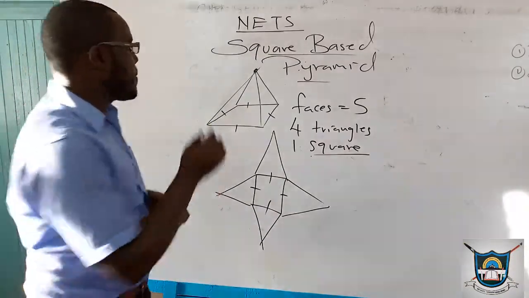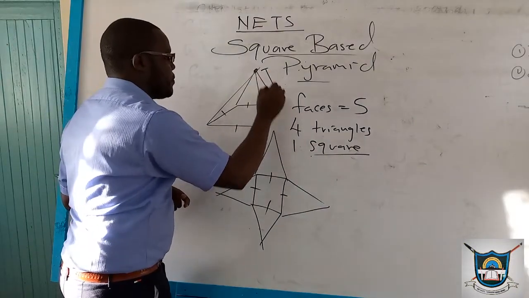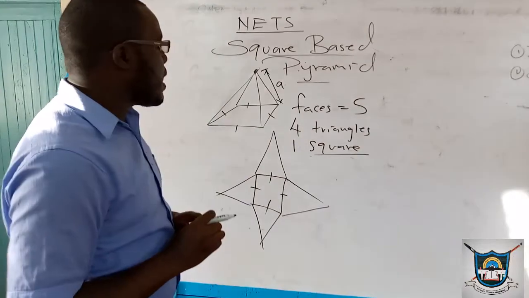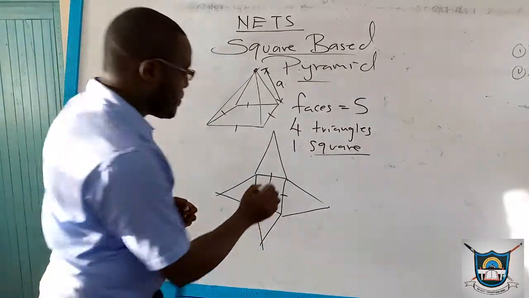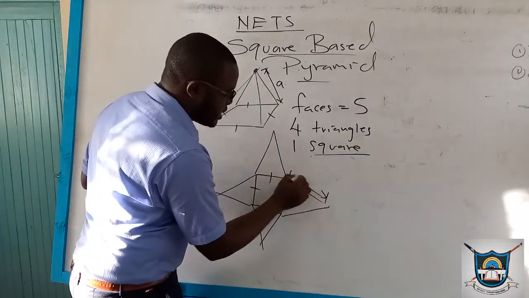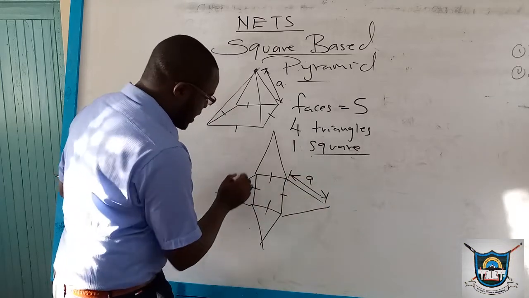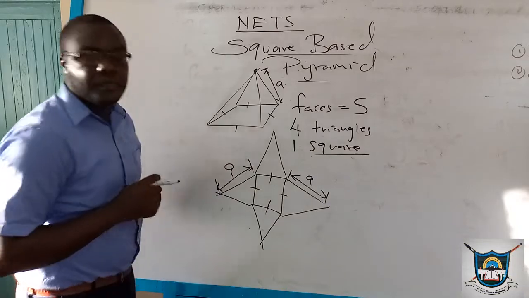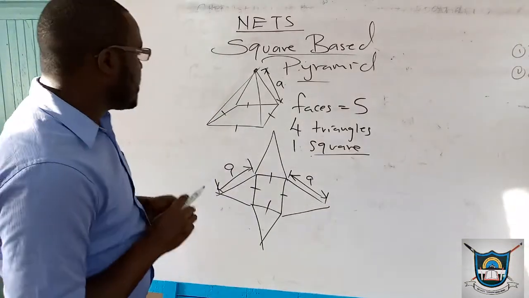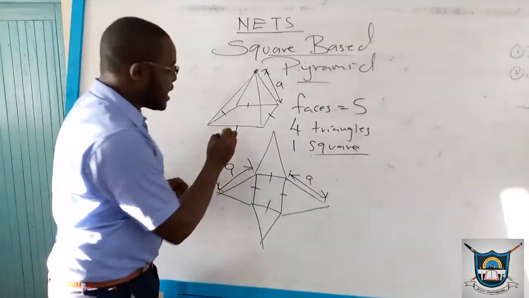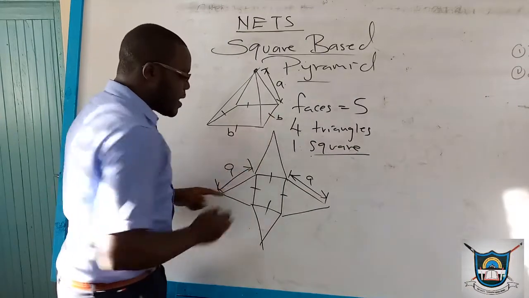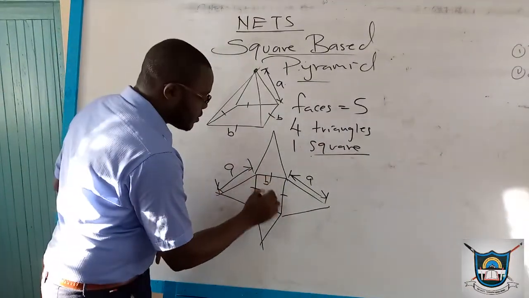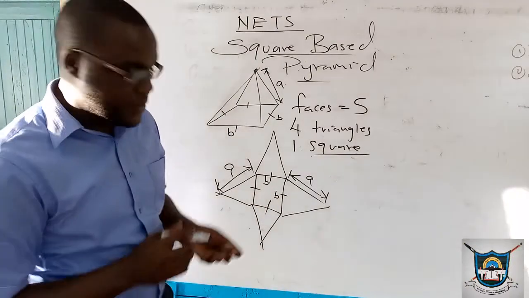For example, if the sides of the triangle were having a length of A, I must make sure that each of these triangles is having a length corresponding to A. Another thing, if the square was having a length of B, I must make sure that the length of my square is also in B units.